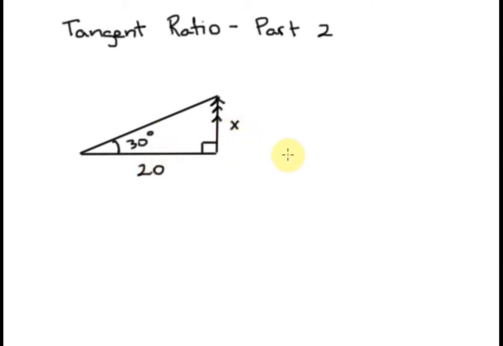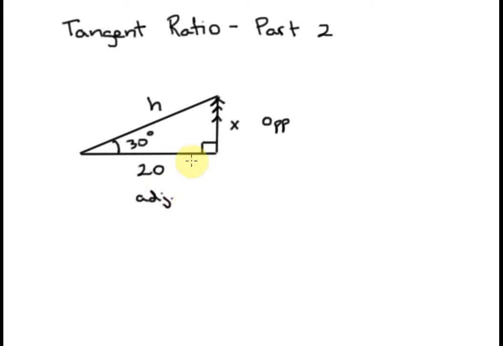Okay, well, here's how we do it. First things first, let's label the sides. Across from the right angle, that's the hypotenuse. Across from 30 degrees, so I just beam my way across, that's where x is, so that's the opposite. And the other side here touching the angle is adjacent.